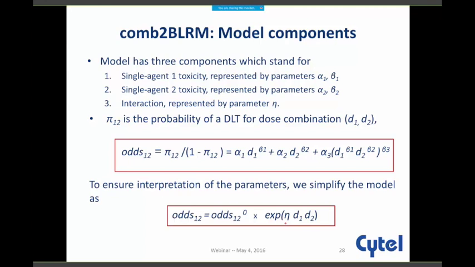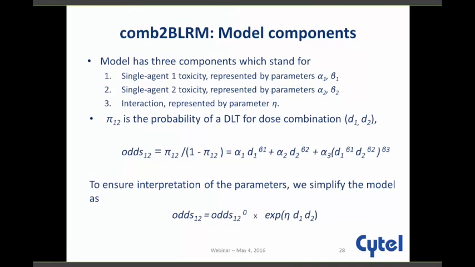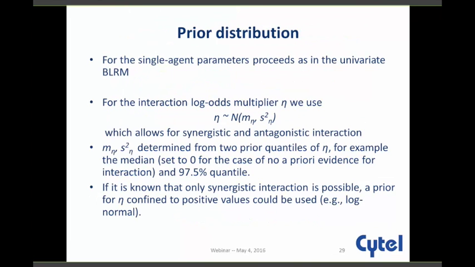So we know about the prior distributions that are considered for each one of these parameters, the alpha 1s and the beta 1s. These are just bivariate normals, just as before. And in terms of the eta parameter, this interaction parameter, a normal distribution is going to be used. And again, there are different ways of specifying this normal distribution, depending on whether it's a synergistic or an antagonistic effect, or whether there is no interaction or no anticipated interaction.